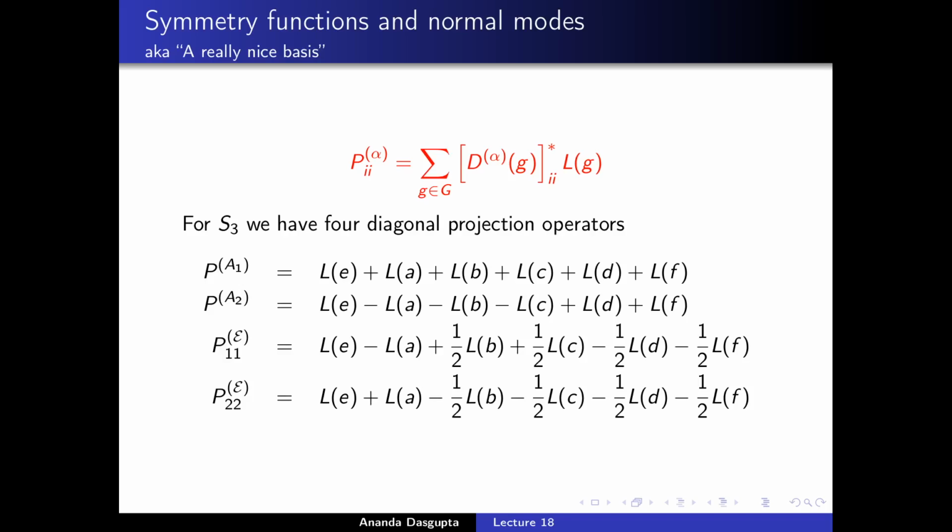So if you want to figure out exactly what E3 or E4 is, all you have to do is make sure that you take away any piece which talks about the translation from the resulting vector. So if you apply P curly 1, 1 on an arbitrary vector, you would in general get a linear combination of E3 and E5.